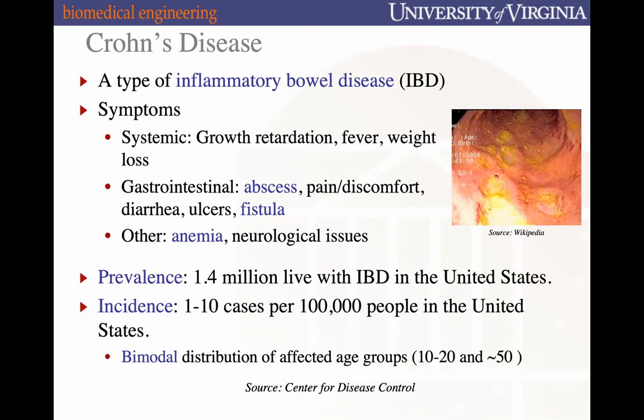What that means is if we charted, I'll do it down here, hopefully so everyone can see, number of cases as a function of age, you'll see two peaks where typically patients between 10 and 20 have it, and patients up to their 50s will present with it. We're not sure why that bimodal distribution occurs, but based on epidemiological work, we know that it exists.